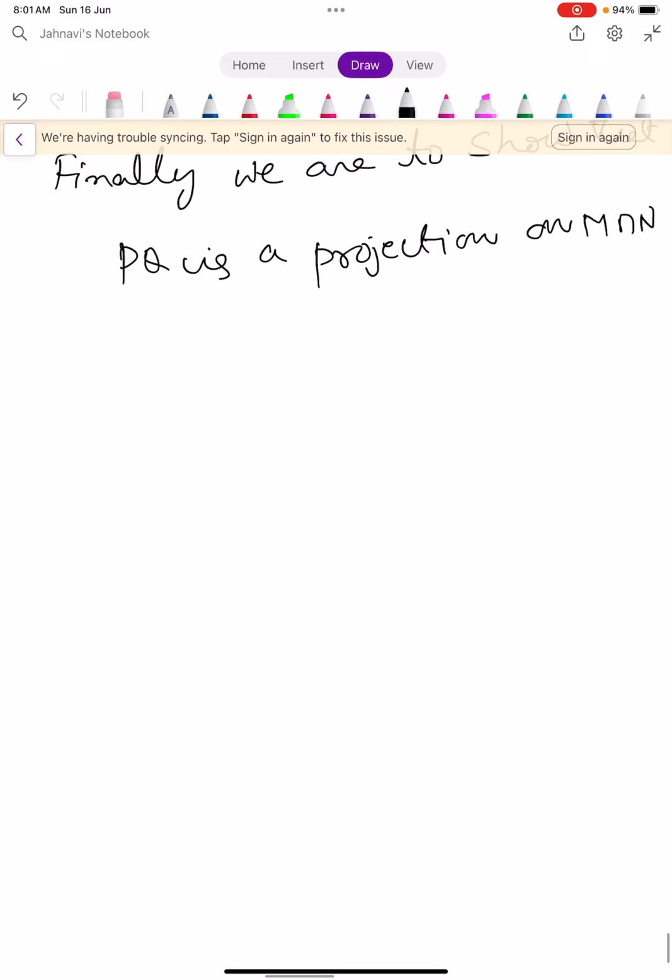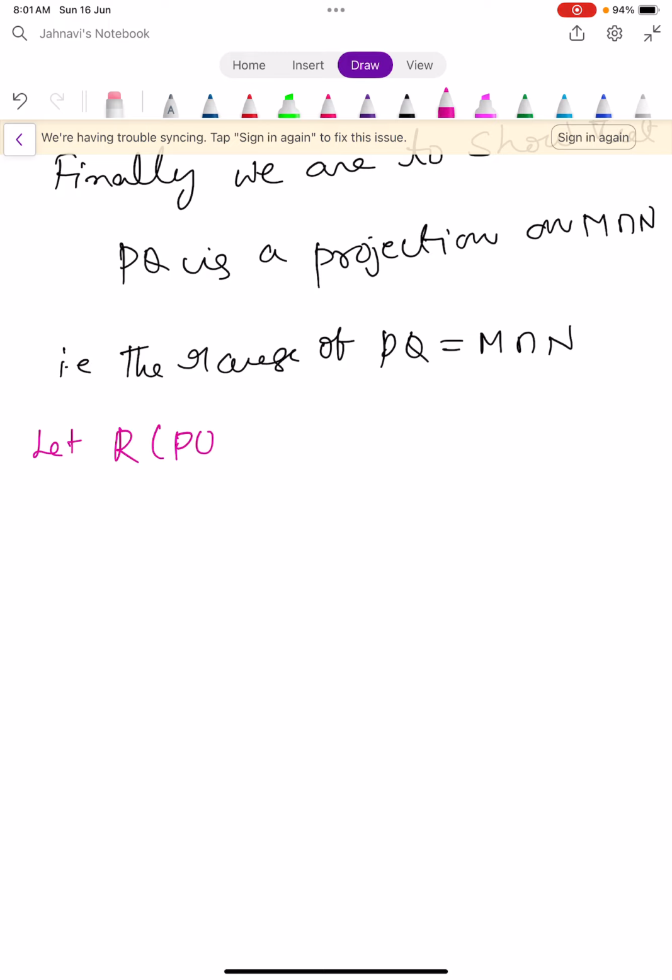This is equivalent to proving that the range of PQ is M intersection N. That is, the range of PQ is equal to M intersection N. Then obviously PQ is a projection on M intersection N. To prove this, let capital R of PQ denote the range of PQ.